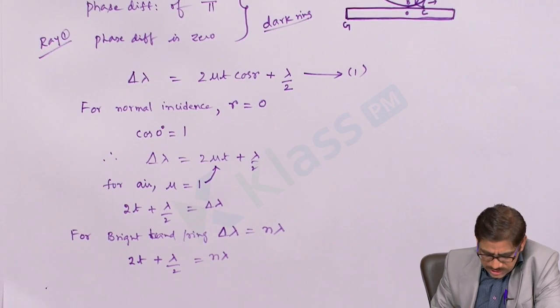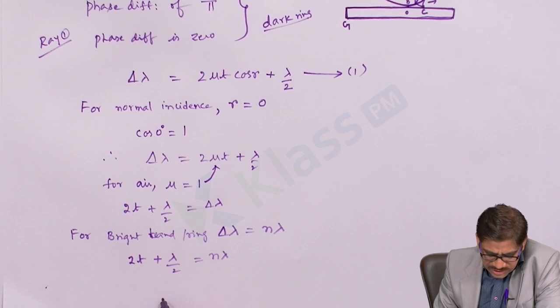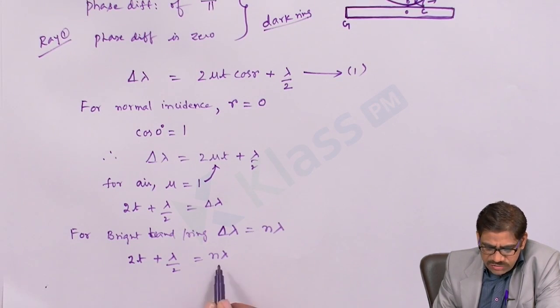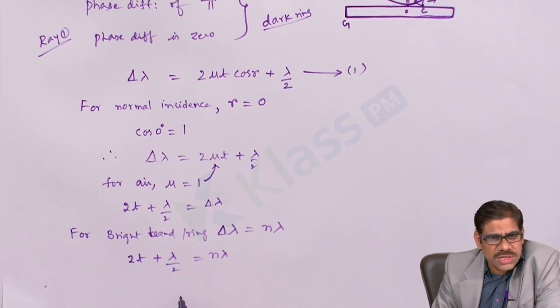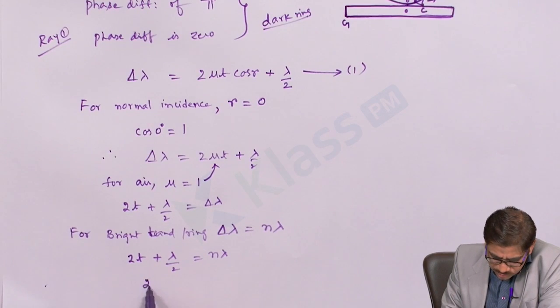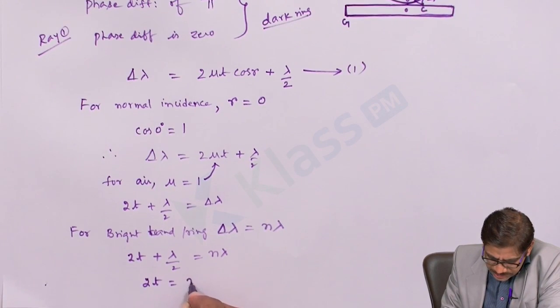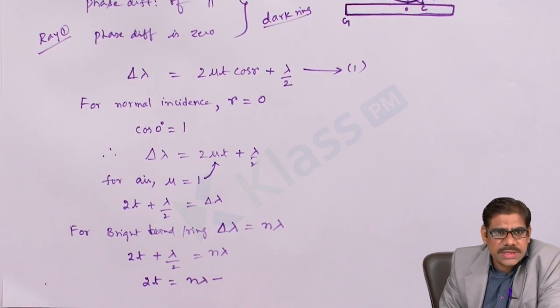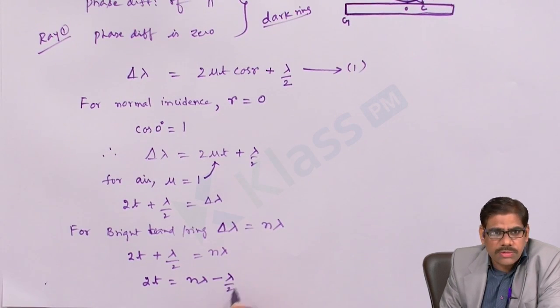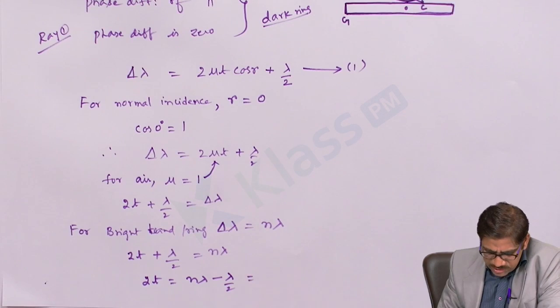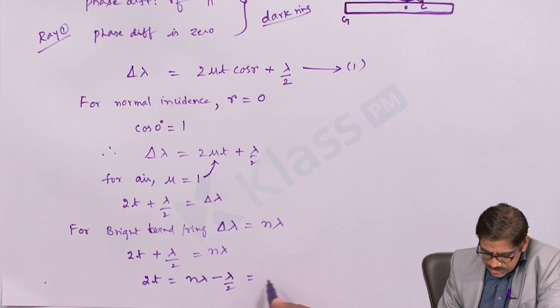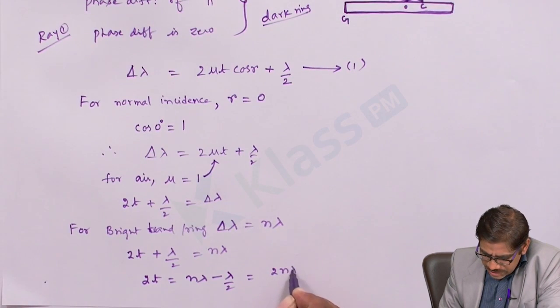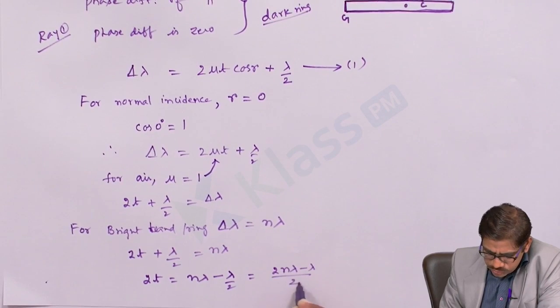Now we can even transform the equation as follows: 2t is equal to n lambda minus lambda by 2, which is equal to 2n lambda minus lambda by 2.